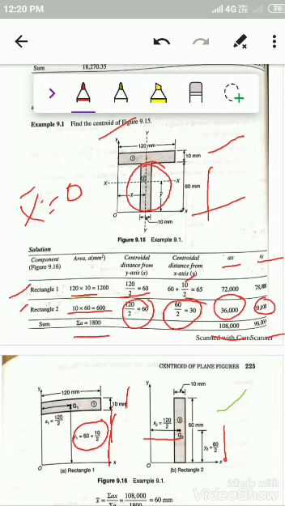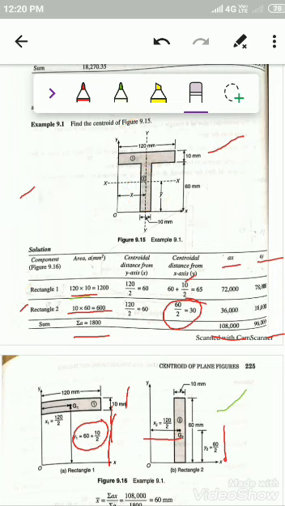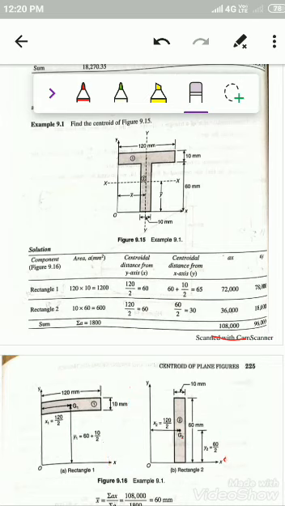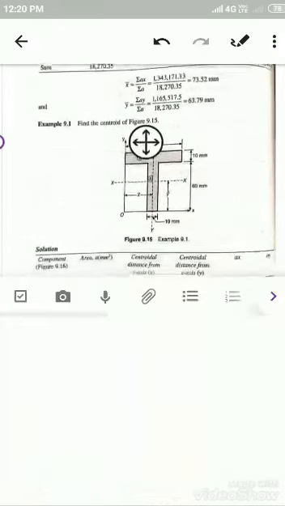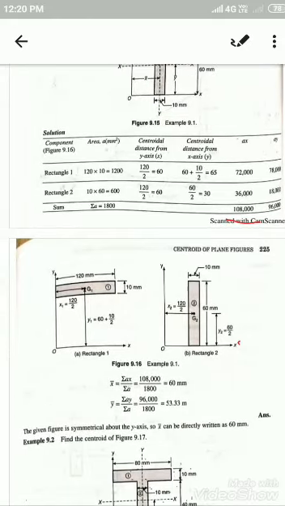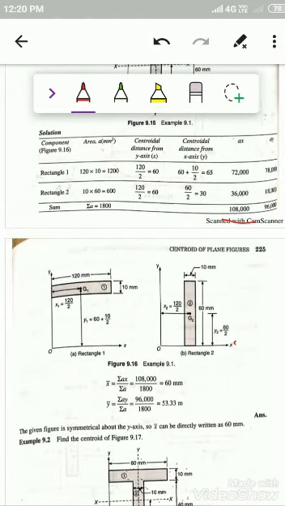After entering all the tabular column values, you know the equations for x bar and y bar, so you substitute the values. x bar is equal to summation of ax divided by summation of area, and y bar is equal to summation of ay divided by summation of area. Substitute the values and you will get the x bar as well as the y bar distance in millimeters. This is a very simple problem.